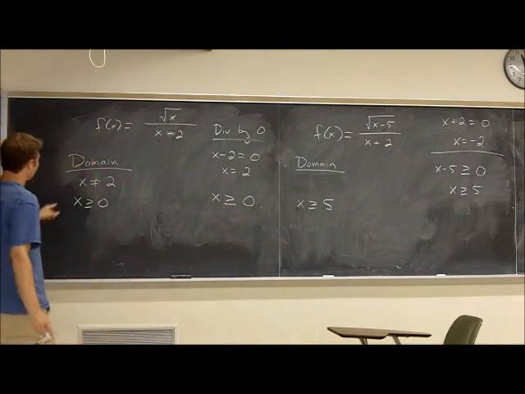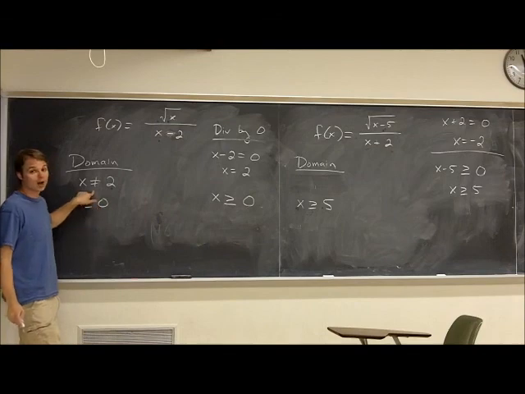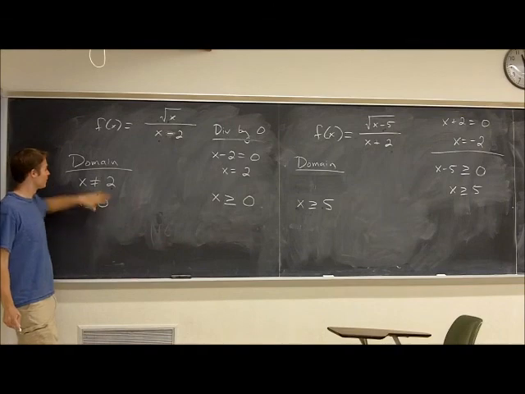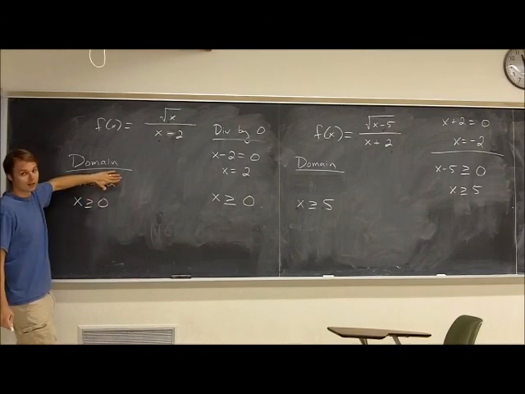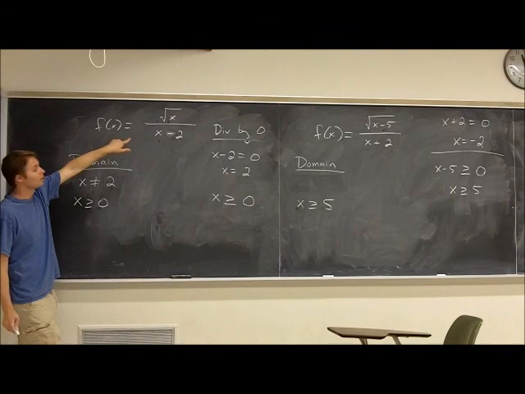I have to be careful. I'm saying that x is greater than or equal to 0, but x also cannot be equal to 2. So in this case, I do need both parts of this information, because 2 is greater than or equal to 0. If I didn't have this part, it would be saying that 2 is okay, but 2 is definitely not okay in this particular case.